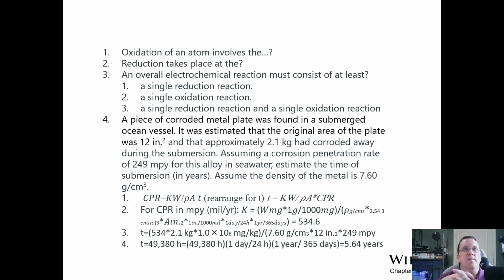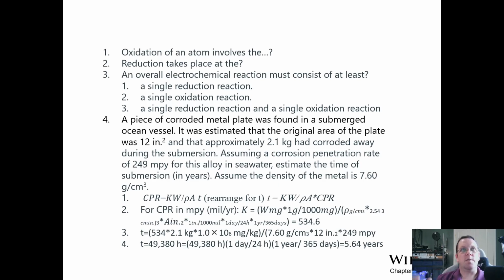So this is a few example problems that we want to be mindful of. There's a couple different things that we need to be able to pay attention to. So oxidation of the atom, again, is loss of electrons.